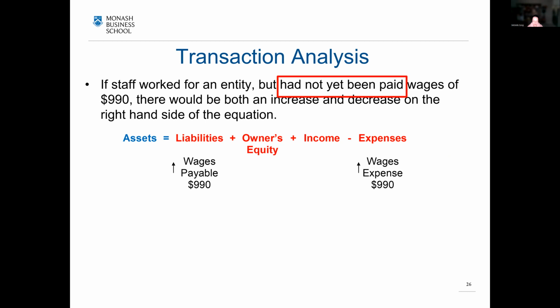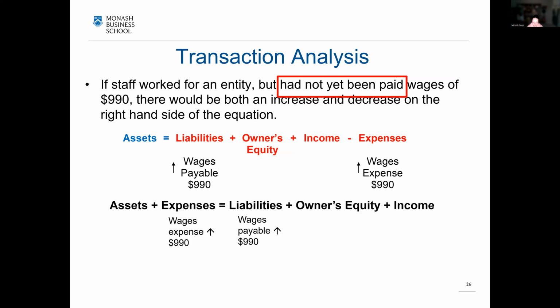Now, in this case, we have an increase in wages expense by $990, and wages payable also increases by $990. If you look at the first version of the complete accounting equation, since expense is a negative on the right-hand side, an increase of $990 in expense means a minus $990, which cancels a positive $990 from liability. Of course, you can rearrange the equation.